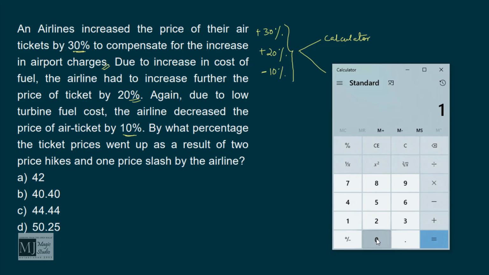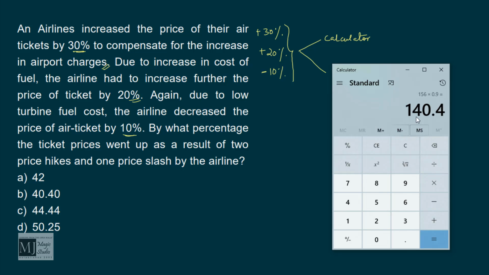I'll start with the initial price 100. First price increase is by 30%, multiply it by 1.3. Next price is increased by 20%, multiply this by 1.2. Next is down by 10%, so recovery rate is 90%, multiply it by 0.9.